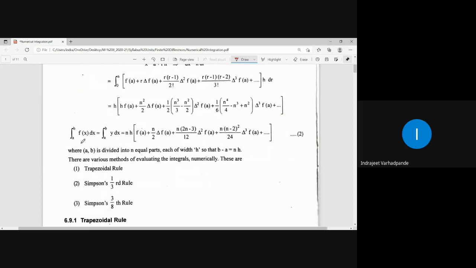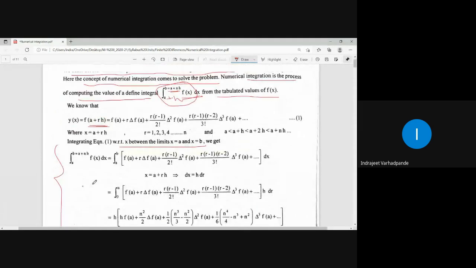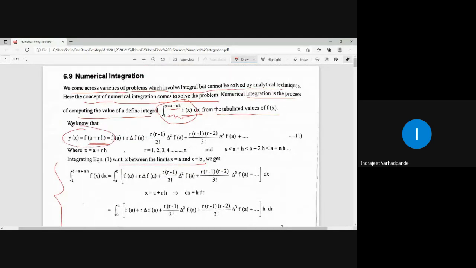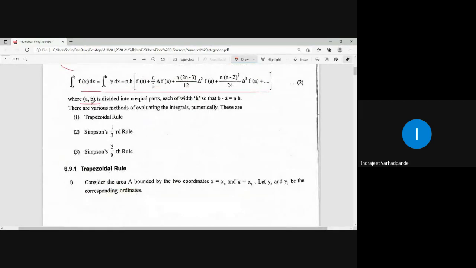That is how the mathematical deduction by the Taylor's series expansion, which you have discussed, works. Not going into much detail of this derivation, just keep in mind that whenever you have the function y of x is equal to f of a plus rh, where the interval AB is divided into n equal parts of each width h, so that b minus a is equal to n into h. What is b? b is the upper end of the interval.